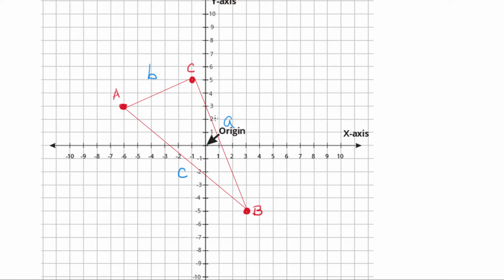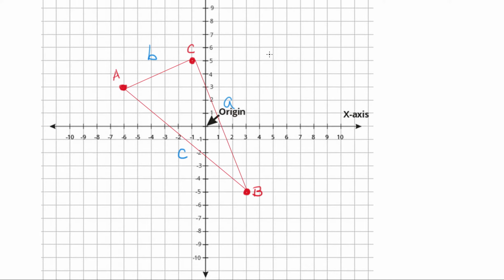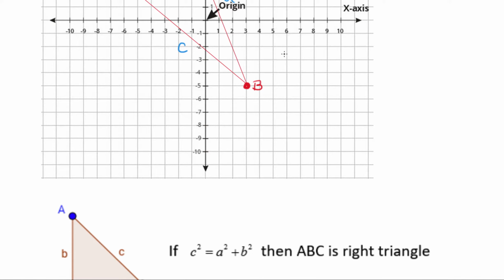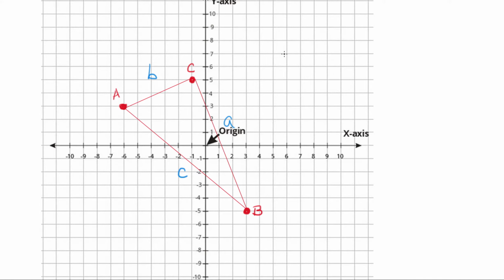So let's start with the distance of the side lowercase a. Sorry about that, it glitches. The distance is from C to B.